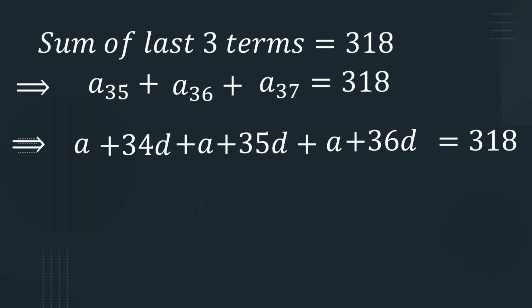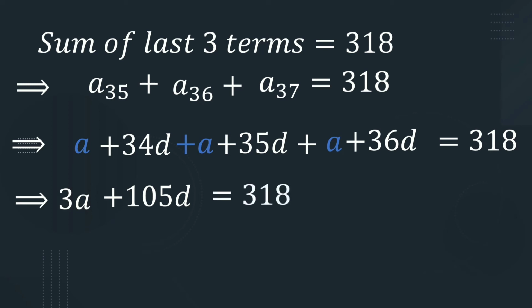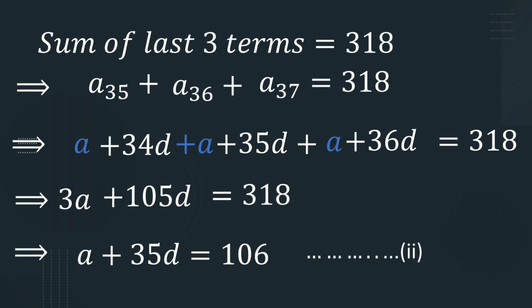Collecting all the a's, that is 3a, plus the d's, we have to add 34, 35, 36, that is 105d, equal to 318. Common is 3, so we take out 3. a plus 35d is equal to 106. That is the second equation.